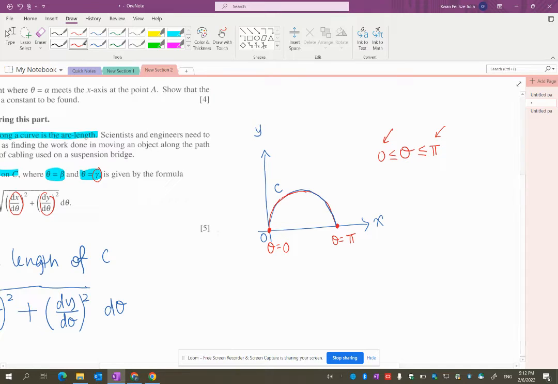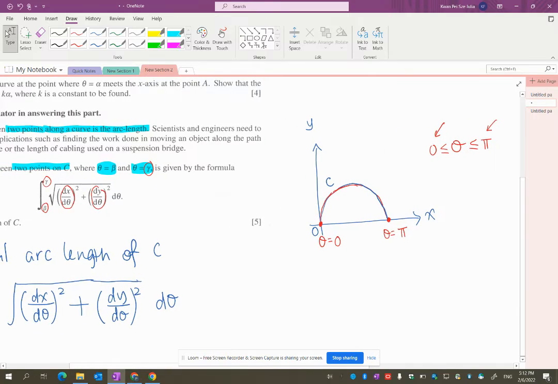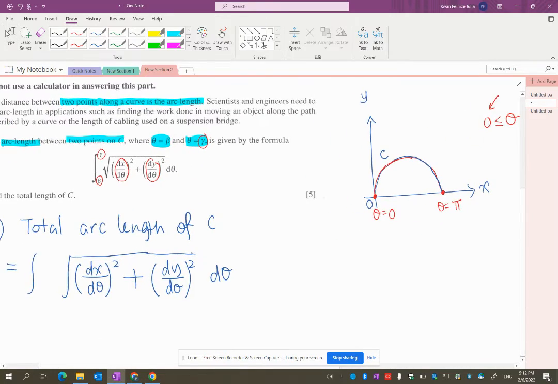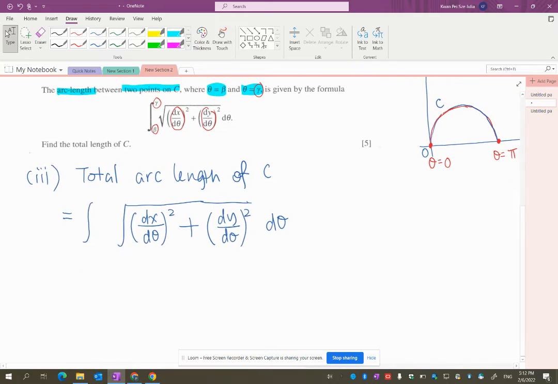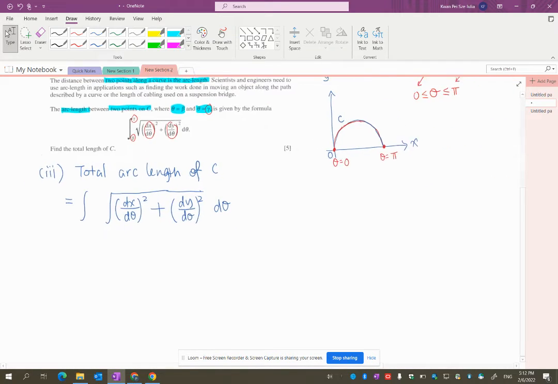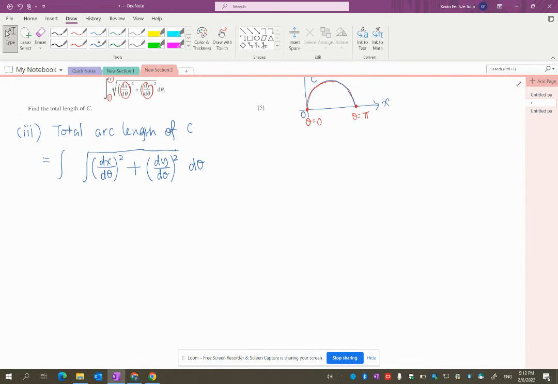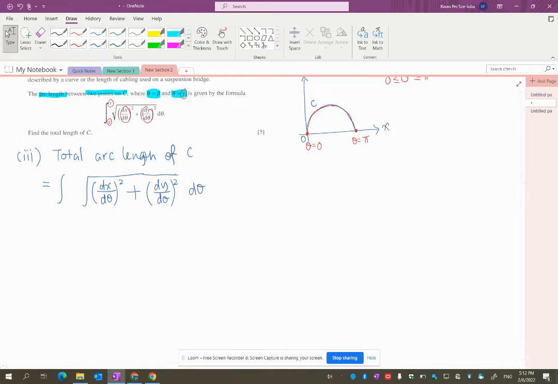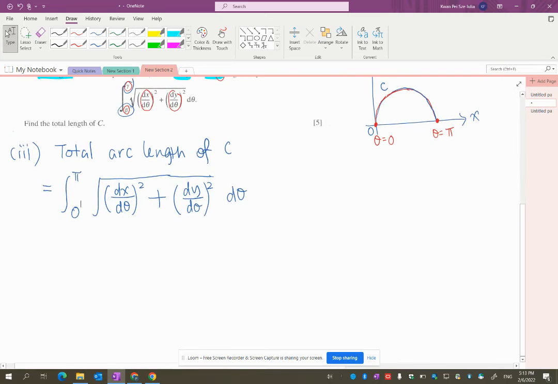So we are going to integrate from theta 0 to pi. We're now going to find the arc length using this formula. Our total arc length would be the integral where beta is 0 and gamma is pi, to find the arc length of C. This is our formula.